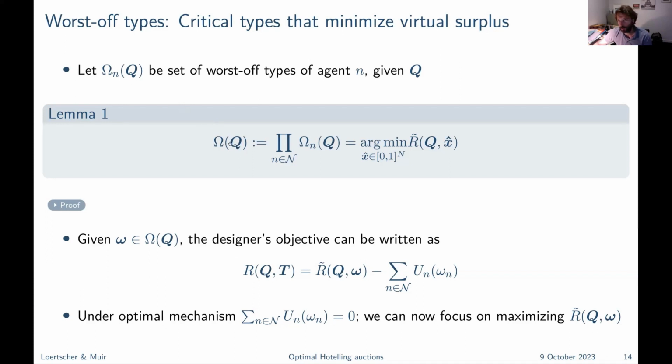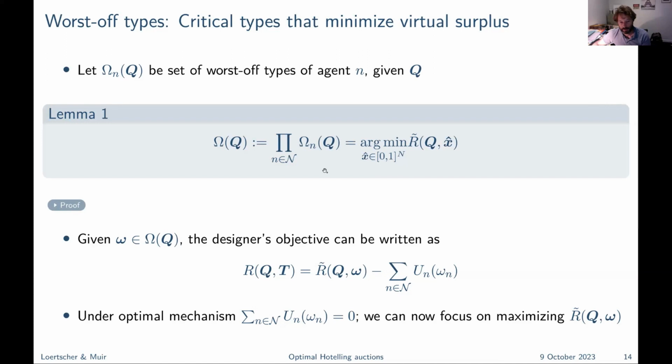And then this omega of Q is the product set of these worst-off types. And the result is that the set of worst-off types is the set of critical types that minimize the virtual surplus. That's going to be the connection between these critical types and the worst-off types, right? The worst-off types are the set of minimizers of that virtual surplus.